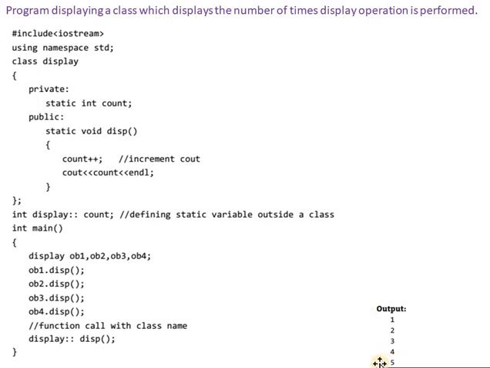Initially the static count value is 0, but in the static member function, first the static data member's value is incremented by 1. So it first displays 1.